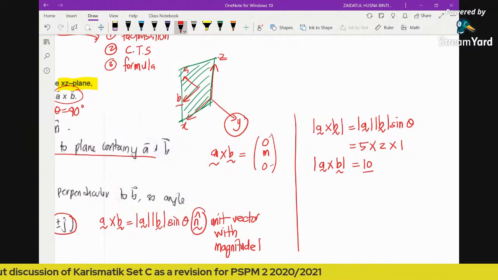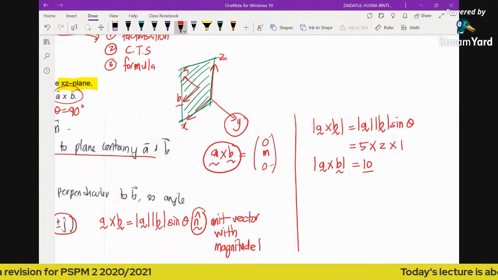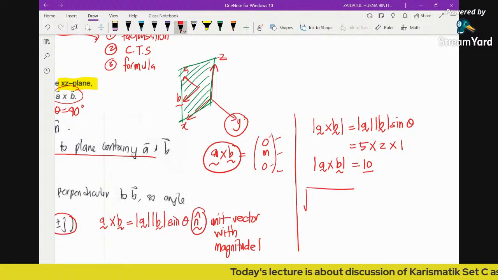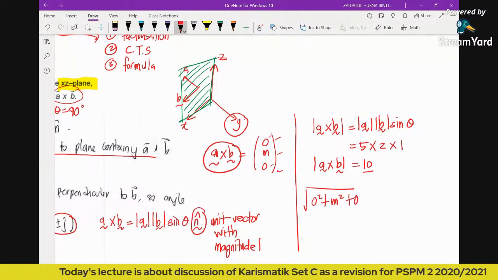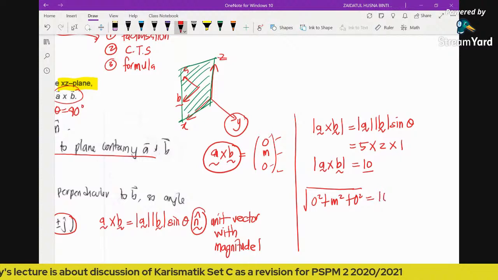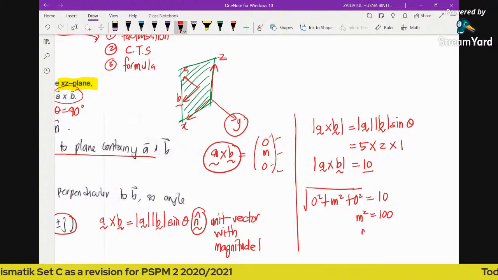From just previously, we know that A cross B is going to be a vector with 0, m, 0. So from here, you can obtain the magnitude: 0 squared plus m squared plus 0 squared, which is equal to 10. So m squared equals 100, and then m is equal to plus minus 10.